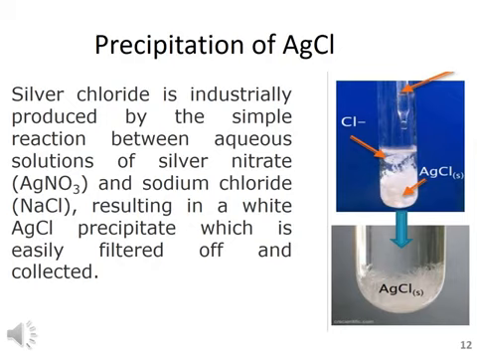They will form a silver chloride precipitate, a white precipitate. This white precipitate will settle down at the bottom of the container. In this way, silver chloride is produced in the industry.